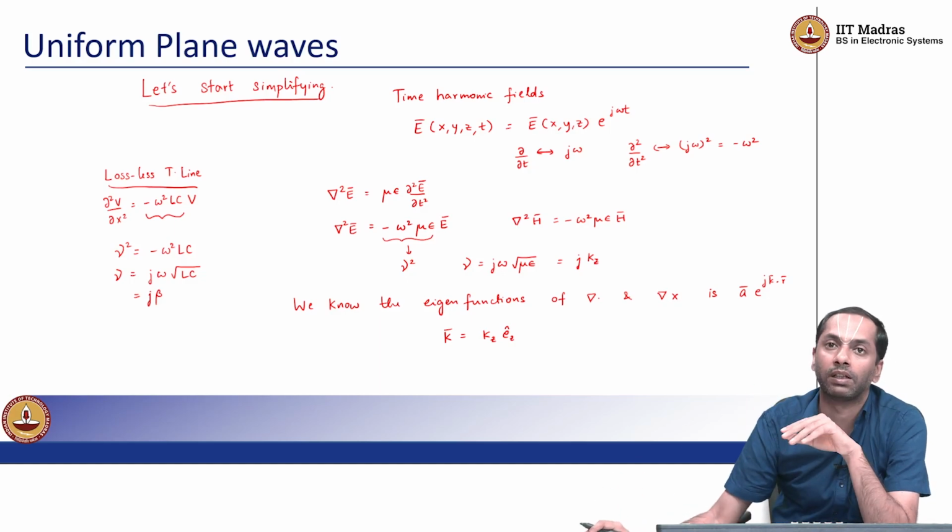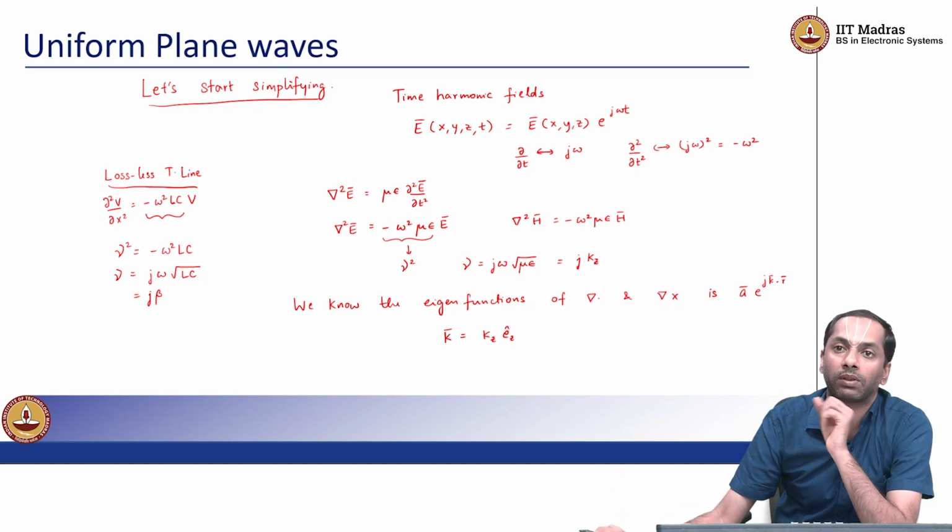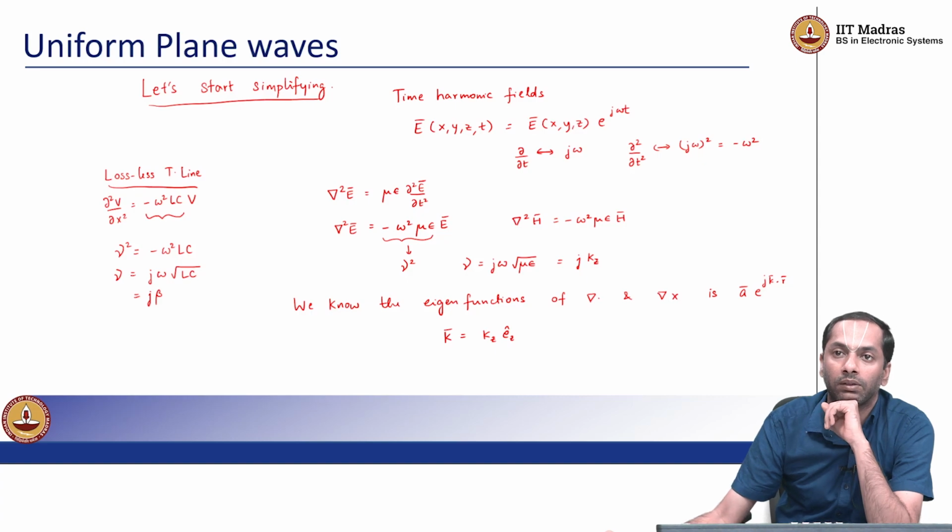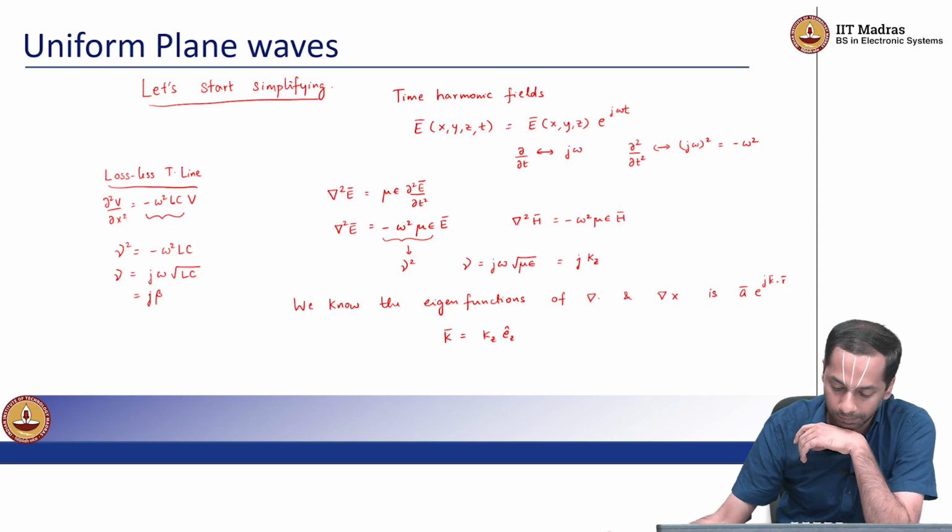Let us see what we get when we allow for such a solution, of the form A e to the j k dot r, into Maxwell's equations.